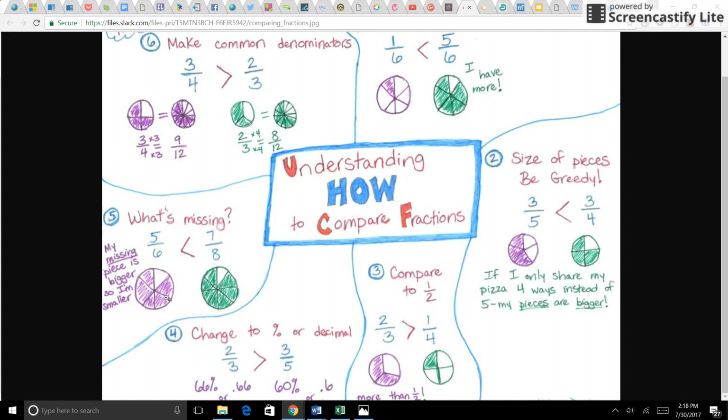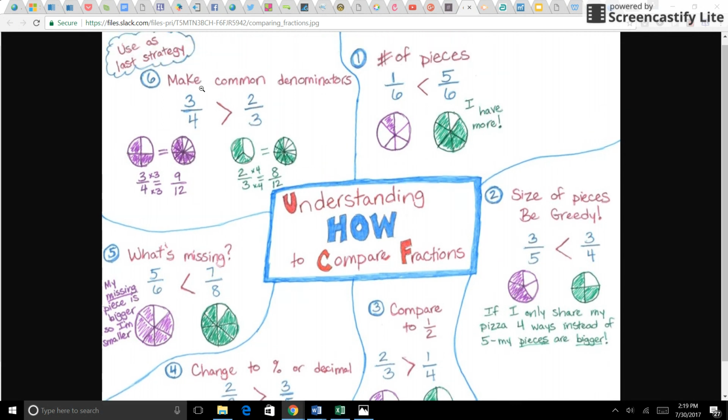Well, if I think about these fractions and think about the part that's missing, this piece that's missing is going to be a little bit bigger, 1/6, than this piece that's missing, 1/8. So if I think about it in opposites, the bigger missing piece means that this fraction is smaller than this fraction. So look at how much is missing to determine which of the fractions here is larger.